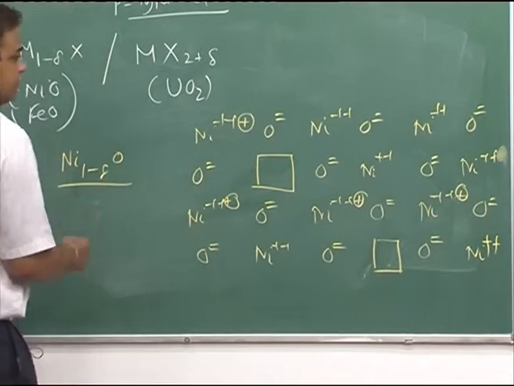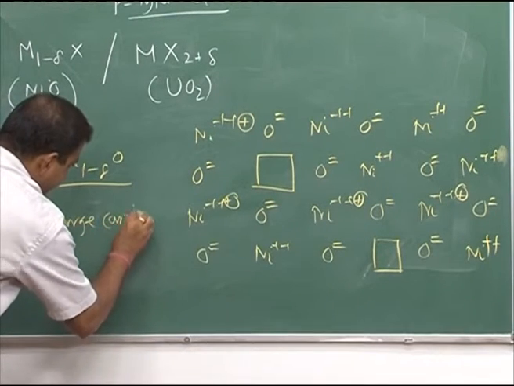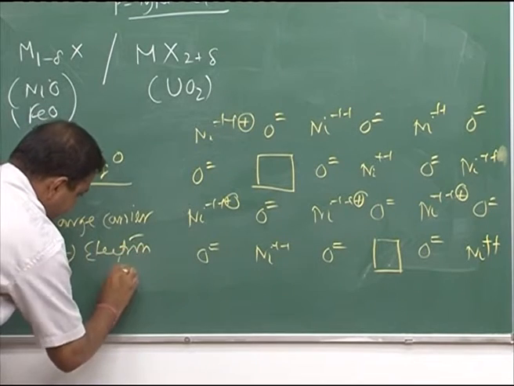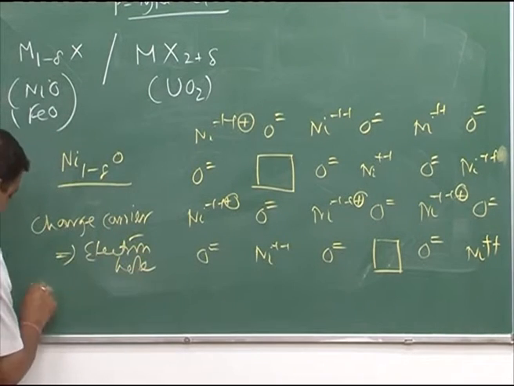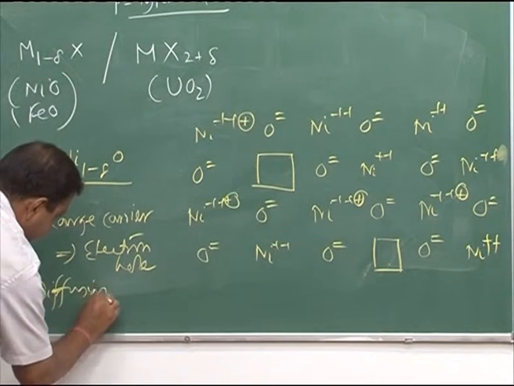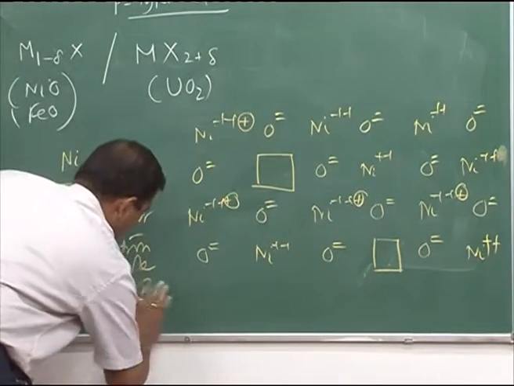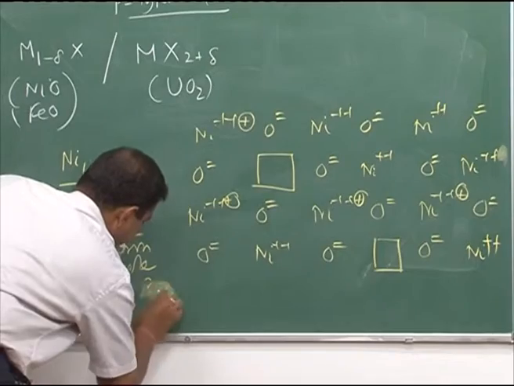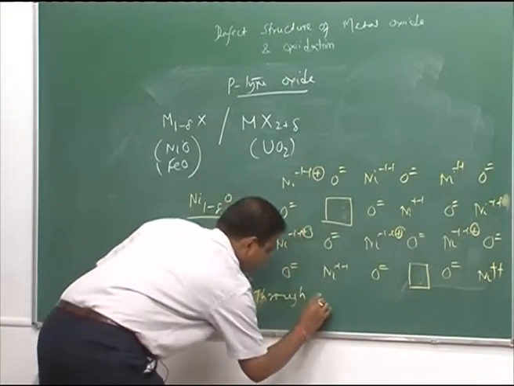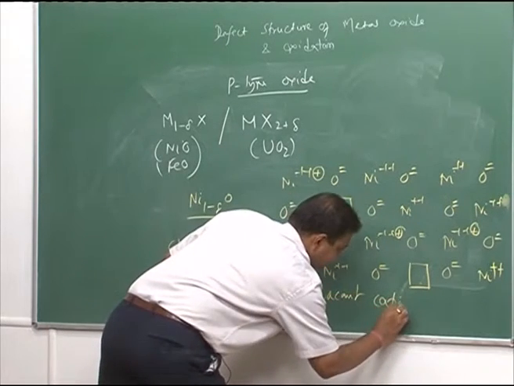So, here the charge carrier is electron hole and diffusion is basically through this vacant cationic site.